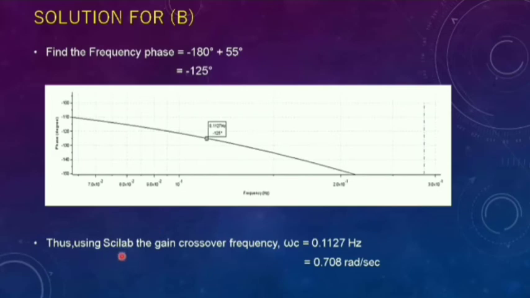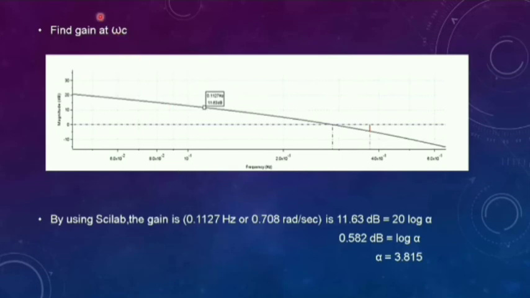And then by using Scilab, the gain crossover frequency omega c that we have obtained is 0.1127 Hz or equal to 0.708 radian per second. Next, we need to find the gain at omega c. The omega c that we have obtained earlier is 0.708 radian per second.